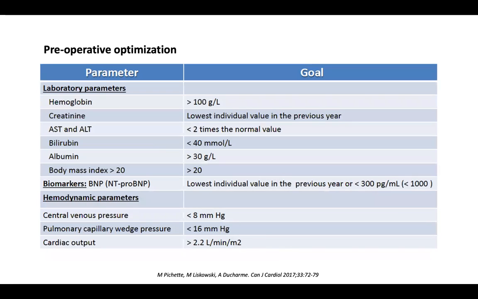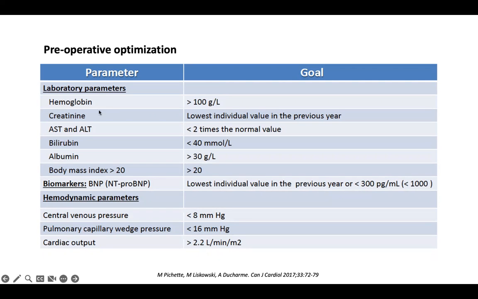If you need some targets, there are no clear guidelines, but this comes from a paper in the Canadian Journal, and I think it's a pretty decent reference to use or to cite.